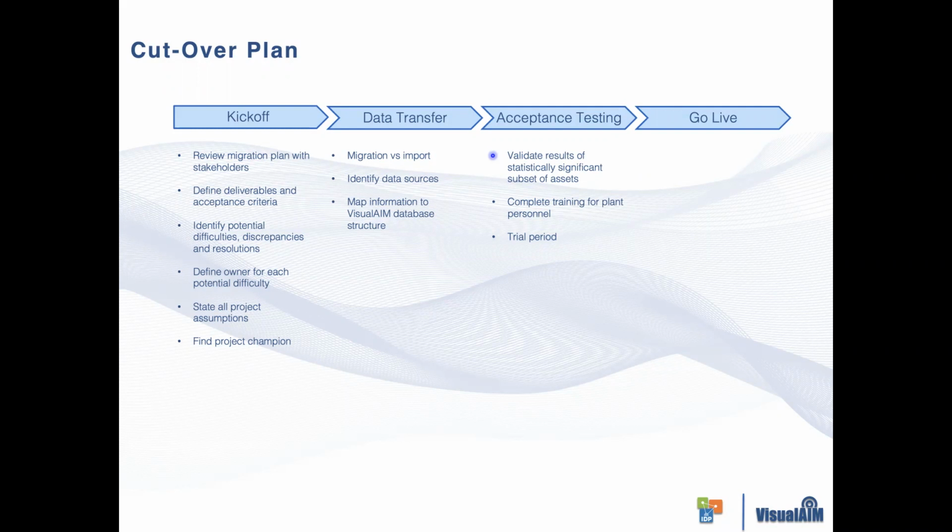So let's say that the particular project involved 10,000 assets. We'll grab a representative sample of, let's say, about 50 or 100 assets across the different asset types within the portfolio and run the calculations within the software after the data migration has been completed, just to ensure and validate that the calculations are all correct with respect to the version of the standard that we're managing.